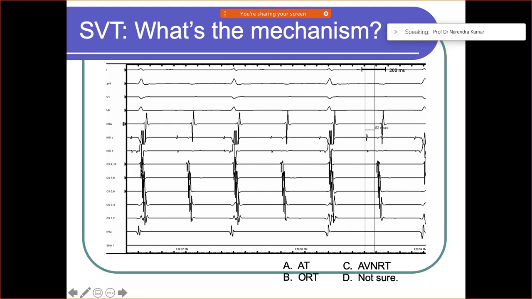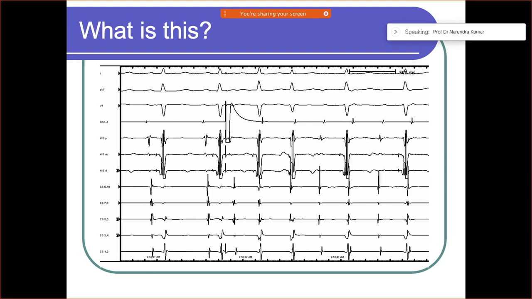Similarly, if we go into the His as well, there's a re-entry, what it looks like, right? There's a His potential before all these A's as well. That's what is reflected also in the coronary sinus. There's a P, there's a P. So there's like 2:1. So this is what is called AVNRT.